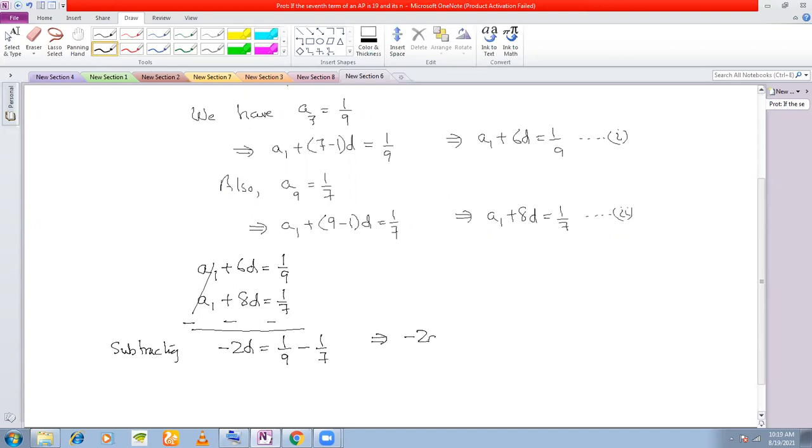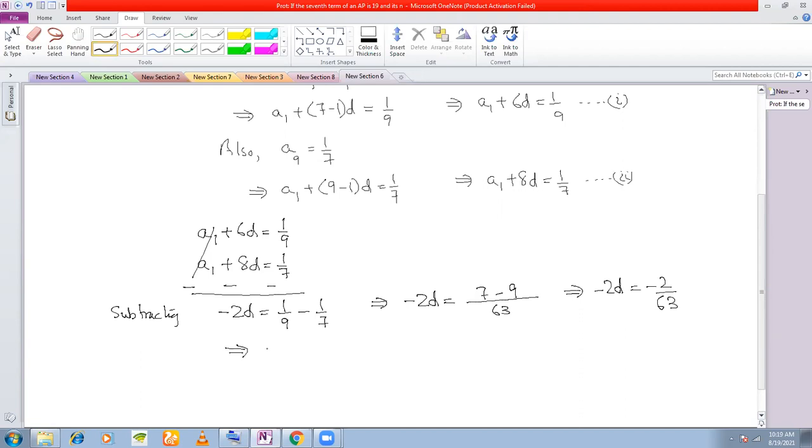That means minus 2D is equal to, take the LCM, 63, 7 minus 9, means minus 2D is equal to minus 2 by 63.